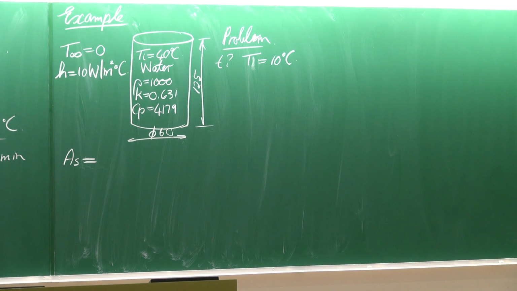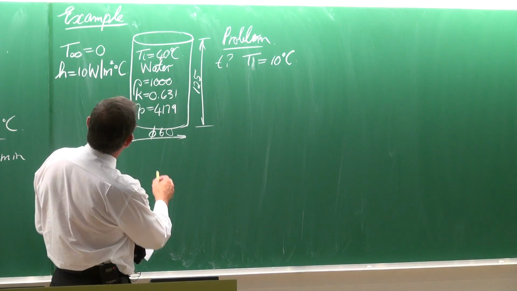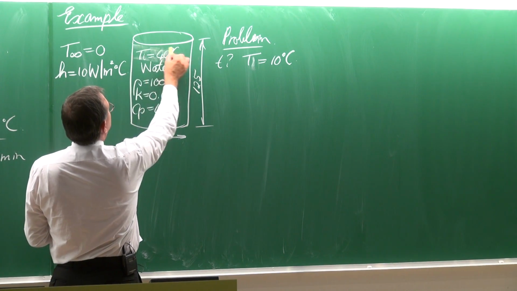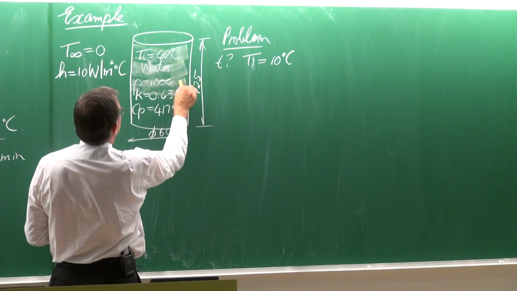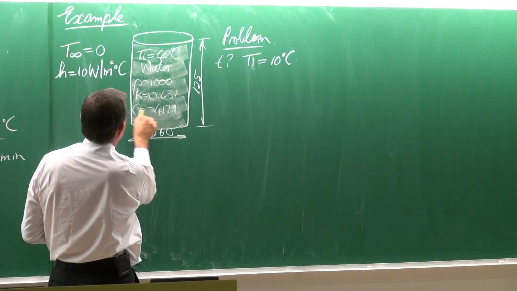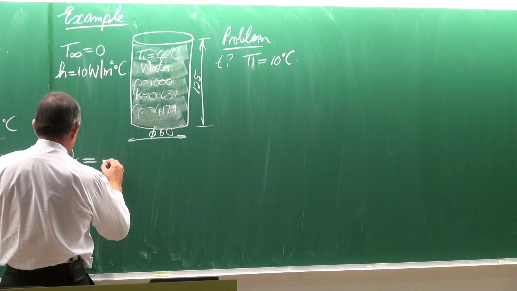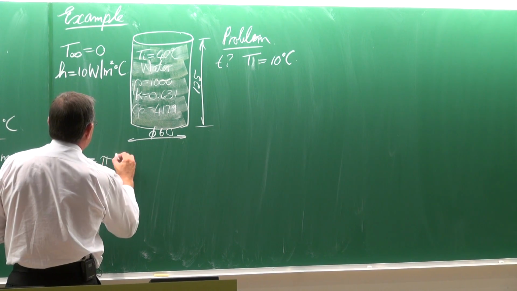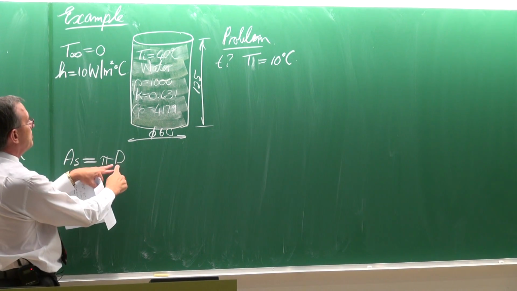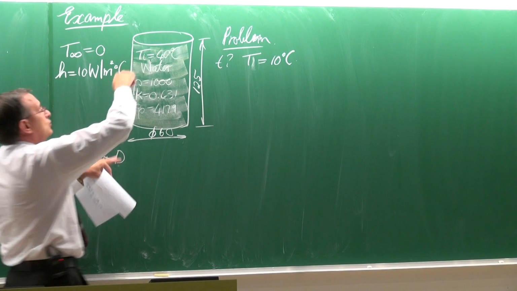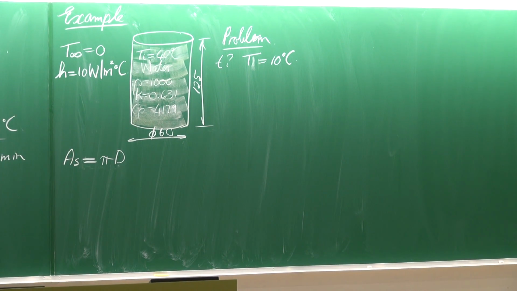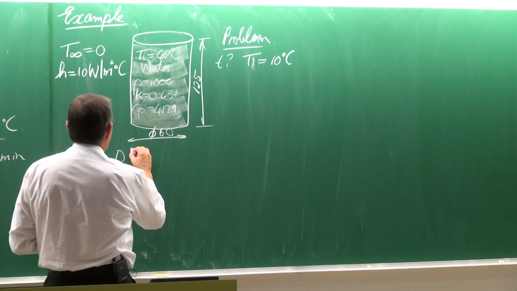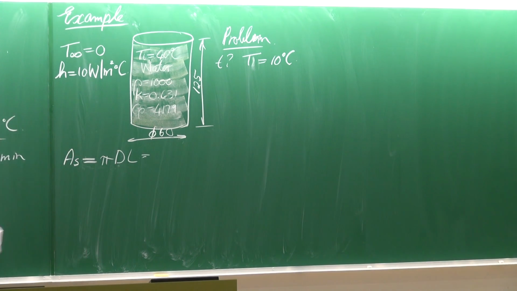Let's divide it up into 3 problems. Firstly, we look at this outside area, which would be the big area. That would be equal to pi multiplied by the diameter, which is the perimeter, multiplied by the length. You agree?